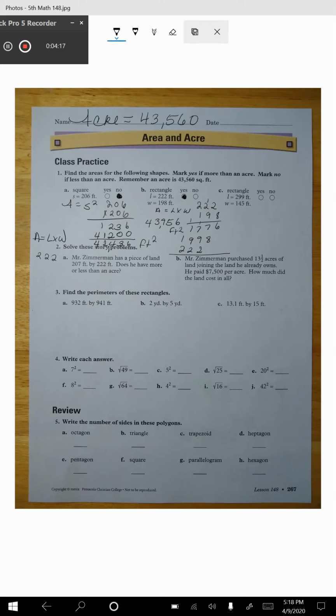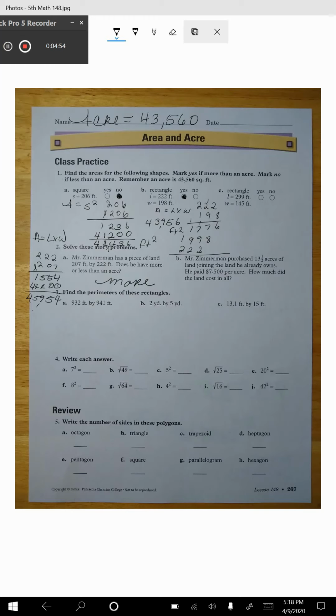That's 222 times 207. I get 45,954. Does he have more or less than an acre? Yep, he has more.